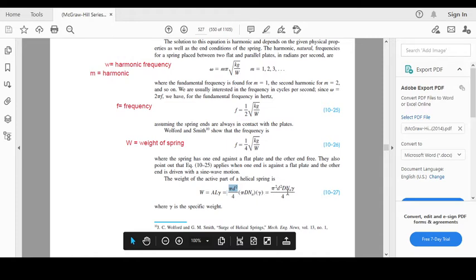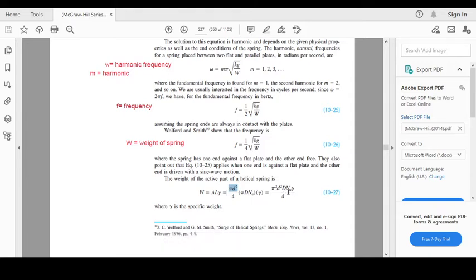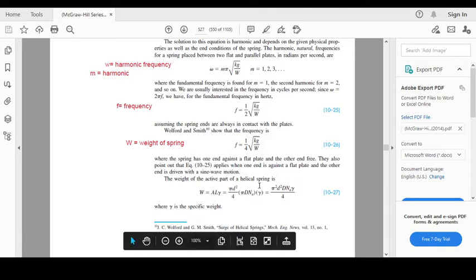So you have this equation. d is the wire diameter of the spring, D is the biggest diameter of the spring, and gamma is the specific weight. This is the equation for the weight of the active part of the helical spring.